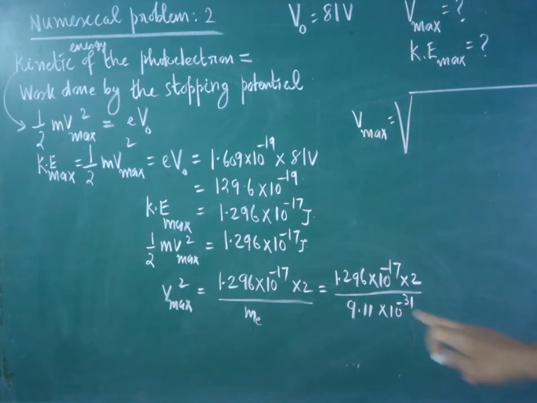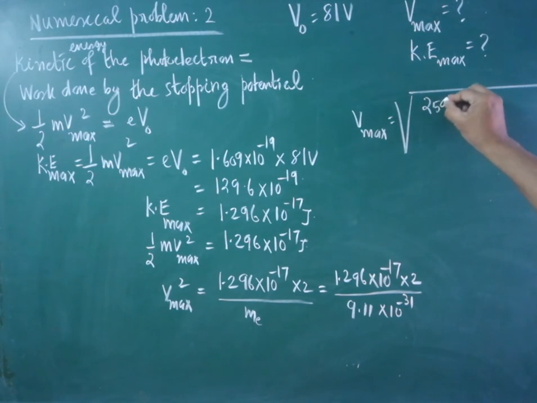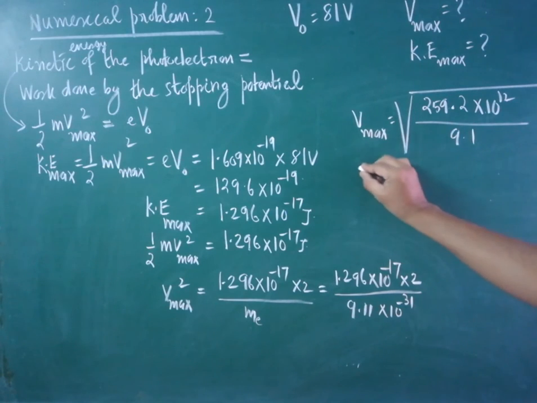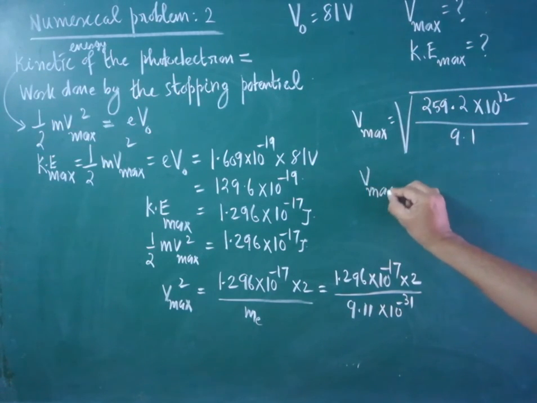So here after simplification you are getting the value as 259.2 into 10 to the power of 12, whole divided by 9.1. With the help of the calculator I have calculated.